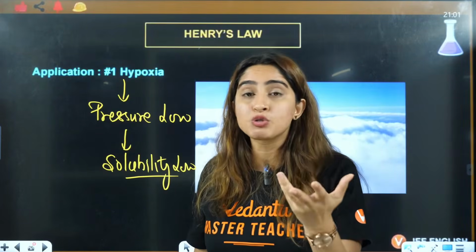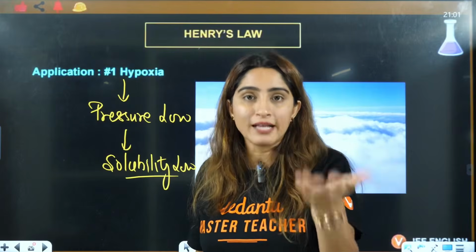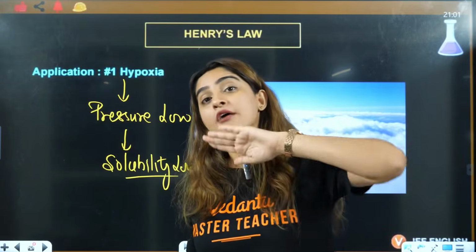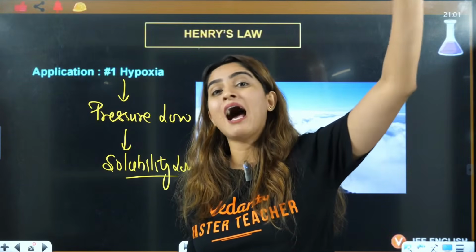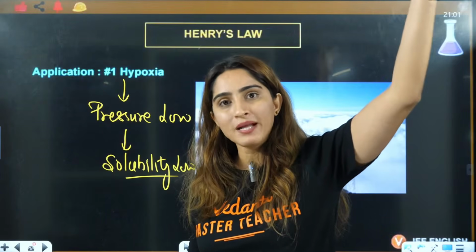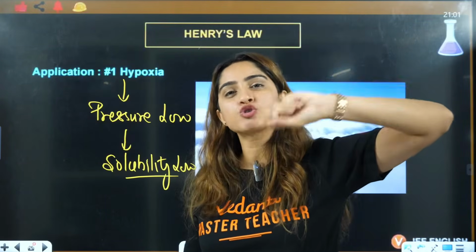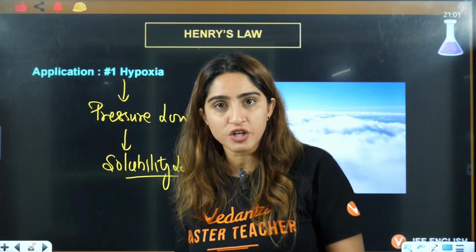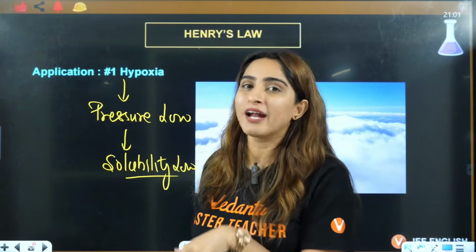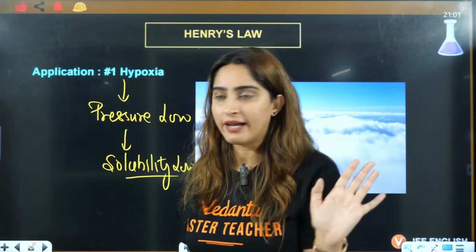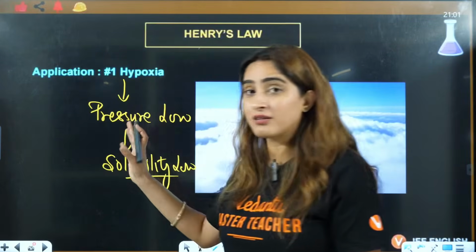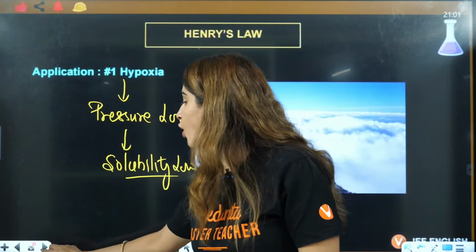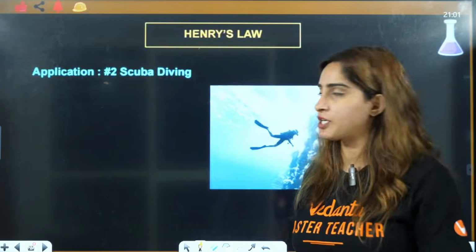That's why we have also seen so many death reports, right? Why? Because when you are in the very high Himalayas, pressure is very low, solubility is low, and we need oxygen to survive. So when we don't get oxygen, we die, right? That suffocating condition is called hypoxia or anoxia, right?